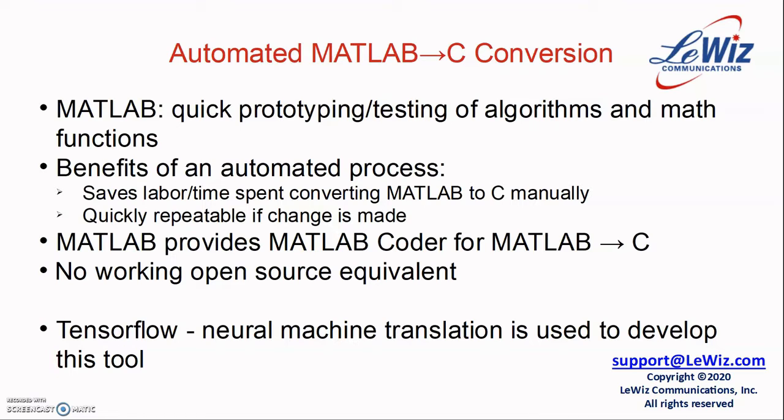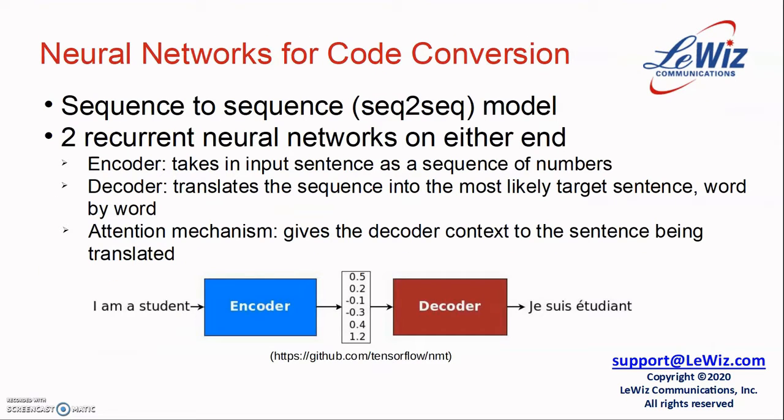In our tool, we will be using TensorFlow's neural machine translation. The neural network we use for code conversion is a sequence-to-sequence model with two recurrent neural networks on either end.